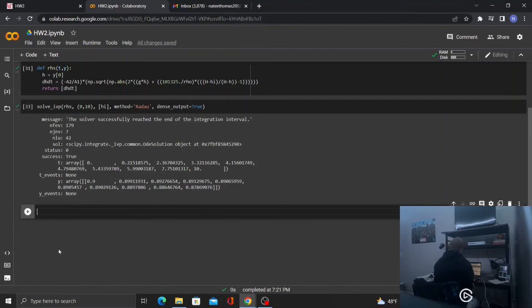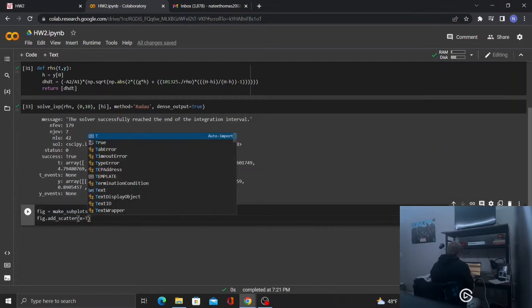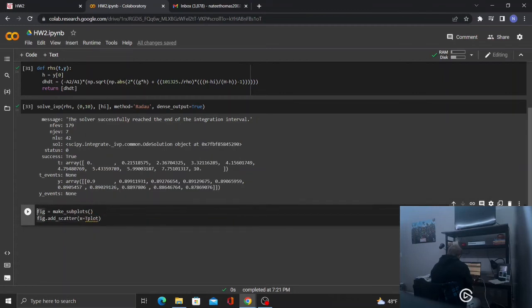We're just going to start off with fig, ax equals make subplots, and then ax dot scatter, and our x values are going to equal tplot, and we're going to define that up here.